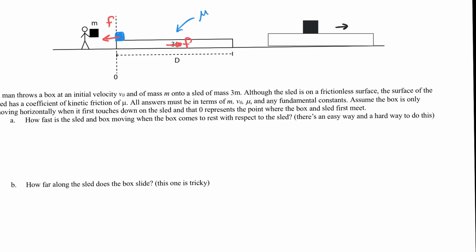That's just a perfectly inelastic collision. I don't have to do anything more than say that we start with m v naught and end with m plus 3m times v final. So the final velocity of the block-sled system is going to be 1/4 v naught.